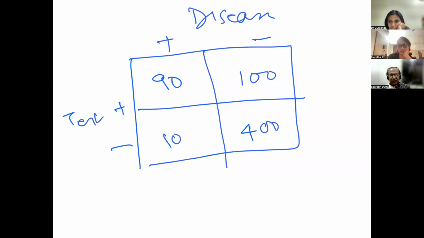So every test has to be done only in those who have diagnostic uncertainty. So from this kind of a study where the investigator has selected how many diseased, non-diseased, the positive and negative predictive value actually cannot be calculated because the prevalence has been artificially created, right?